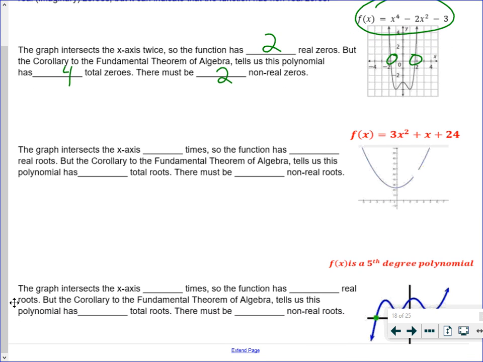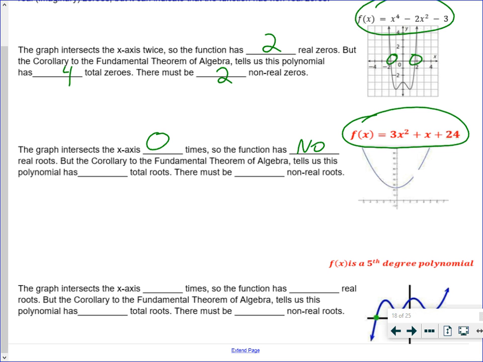In this one, we have f of x equals 3x squared plus x plus 24. Or in other words, the degree of this polynomial here is 2. So we see that the graph never actually intersects the x-axis, so we intersect it 0 times. And if the graph intersects the x-axis 0 times, that tells me the function has no real roots.